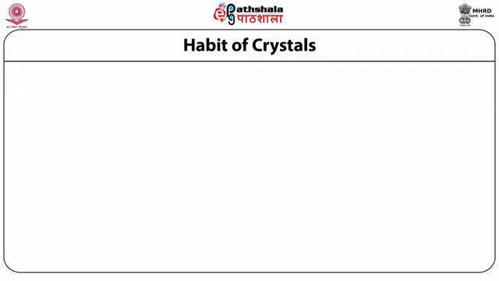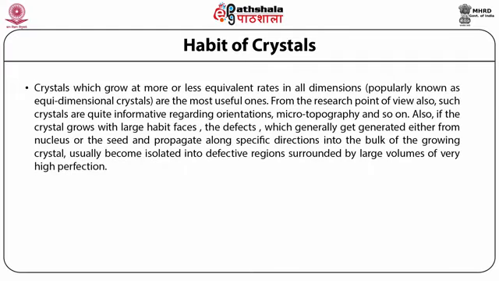Habit of crystals. Crystals which grow at more or less equivalent rates in all dimensions, popularly known as equidimensional crystals, are the most useful ones. From the research point of view, also, such crystals are quite informative regarding orientation, microtopography, and so on.